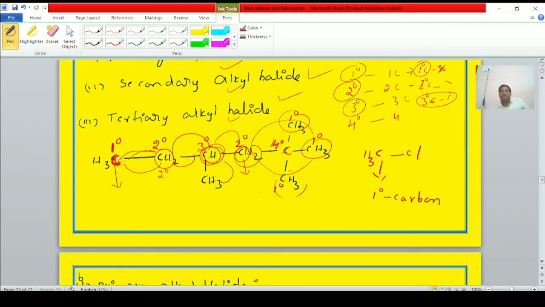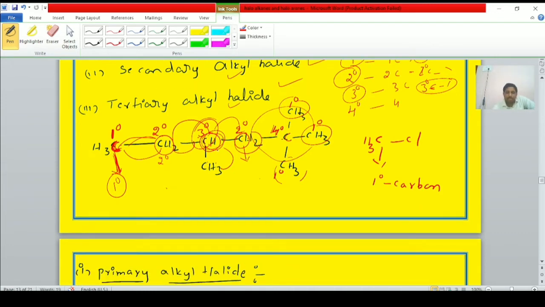If the halogen atom is bonded to an sp3 hybridized primary carbon, then that is a primary alkyl halide. If the halogen atom is bonded to a secondary carbon, the alkyl halide is a secondary alkyl halide. The alkyl halides in which the halogen atom is bonded to a tertiary carbon are known as tertiary alkyl halides. Now we will discuss them one by one, students.